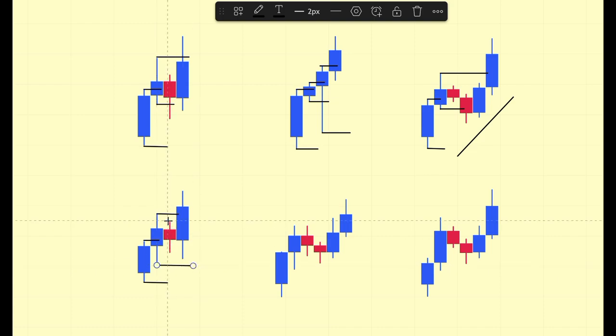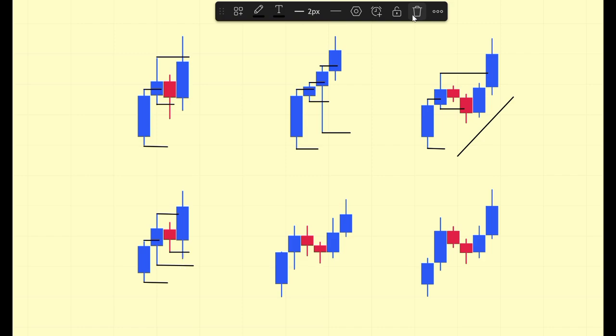This is not a valid pullback, even though this bullish candle took the low of this bearish candle in between, because we don't pay much attention to these inside bars. We only focus on the mother candle. This would have been a valid pullback if this bullish candle took the low of the previous bullish candle before continuing higher past that previous bullish candle high. In that case, that would have been a valid bullish pullback.